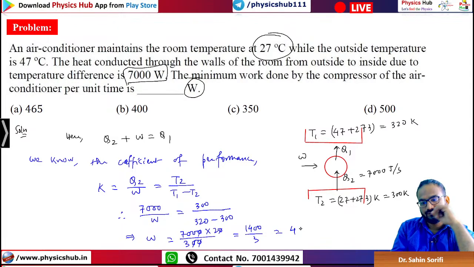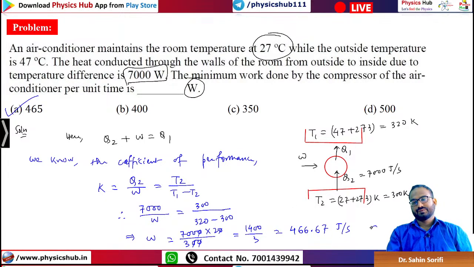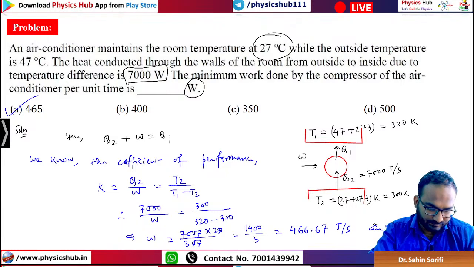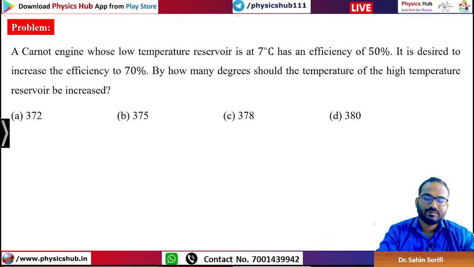This will give you around 466.67 joule per second actually. So that is 466.67 watt. So the closest option is 465. We can choose that. Yes, Ajay, option A.